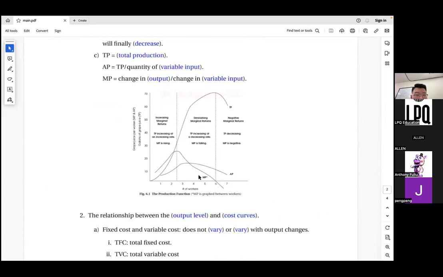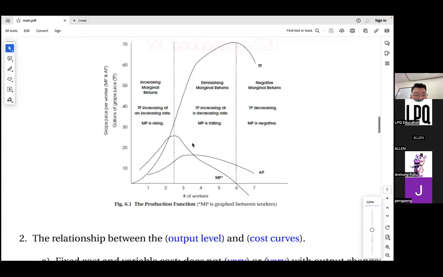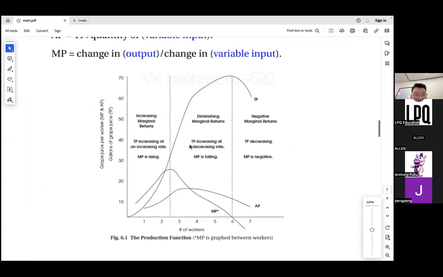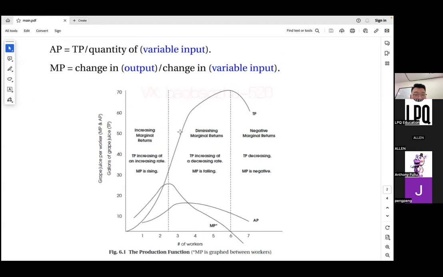The graph we ultimately want is totally different from this one. In this graph, the variable on the horizontal axis is the number of workers, and all three curves are about production quantities, about output level, how many units you can produce.